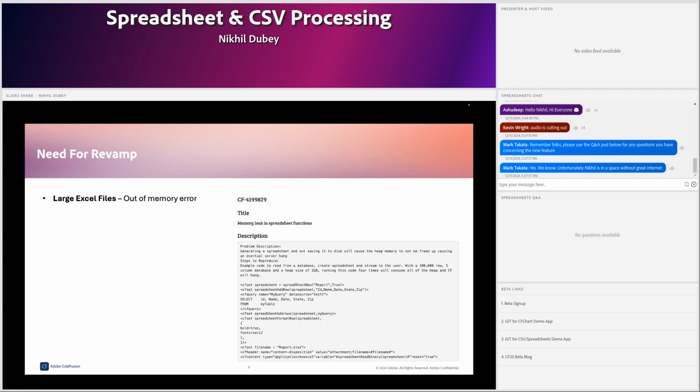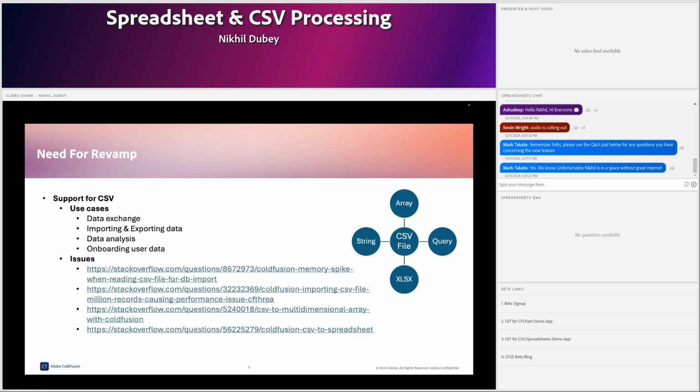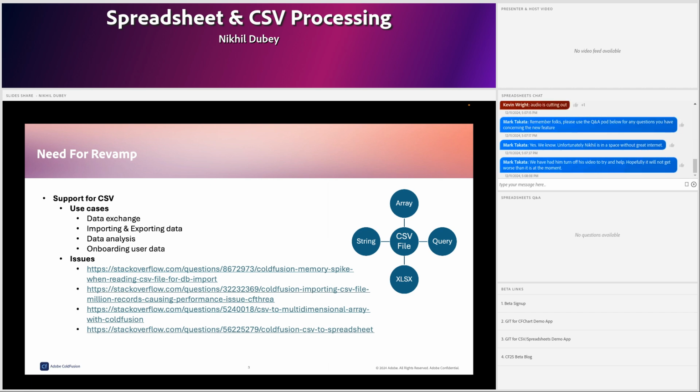So number one reason. Then the second reason was the CSV. CSV is one of the most common formats for exchange of data or importing and exporting the data, migrating from one data source to another, or even data analysis, or onboarding the data as well.